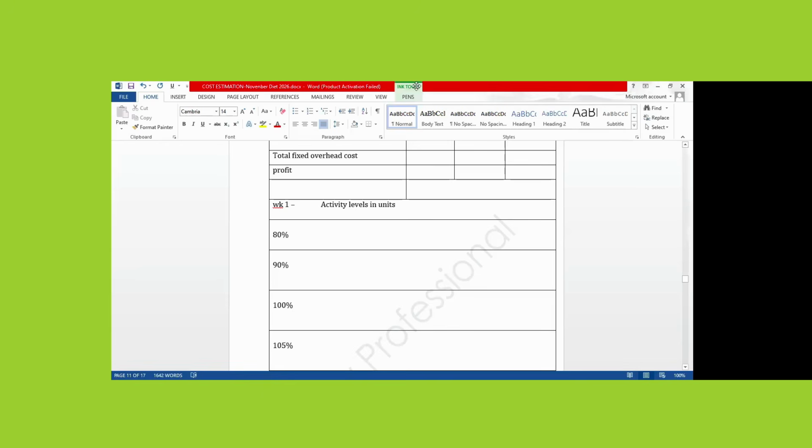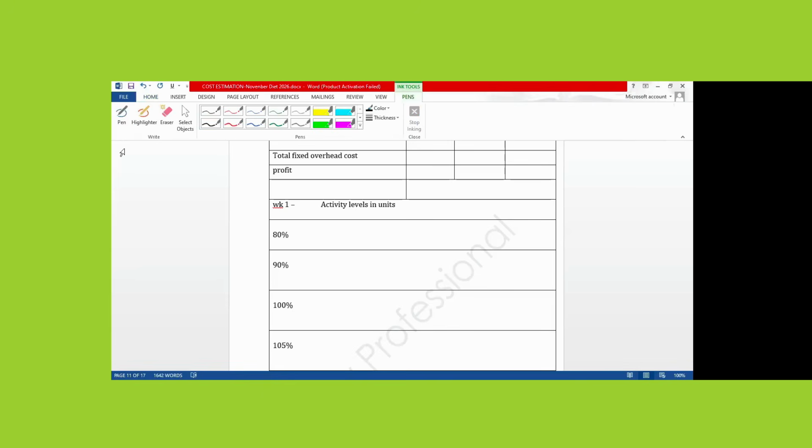Activity level. At 90% activity level, output is 8,100 units. You can use this to get other percentages. At 80%, the output will be 80 over 90 multiplied by 8,100.